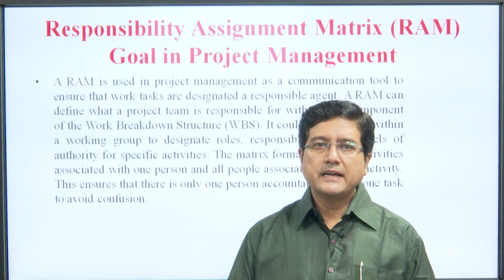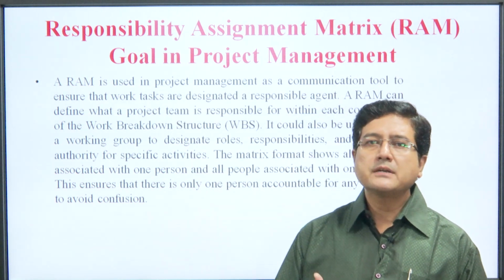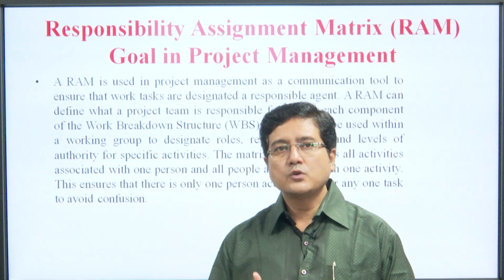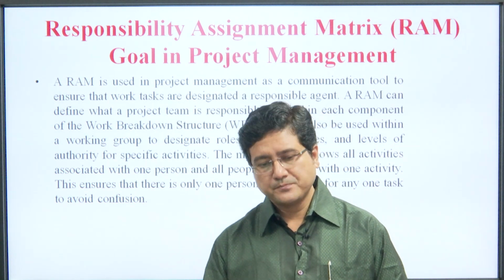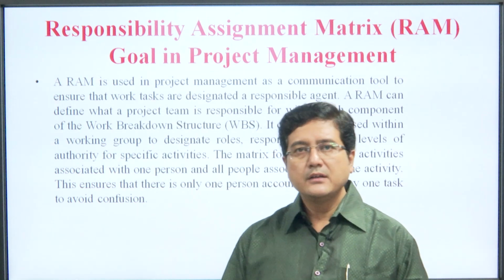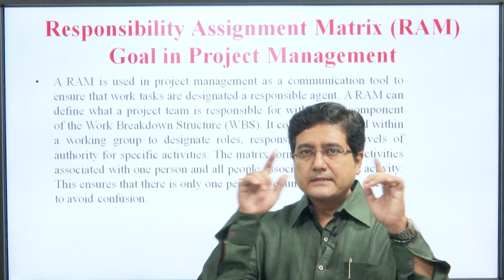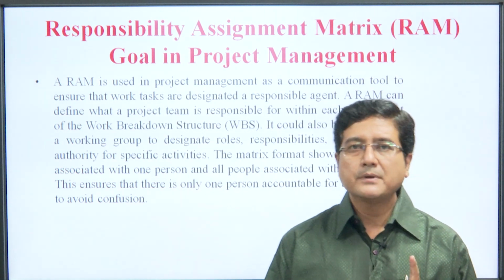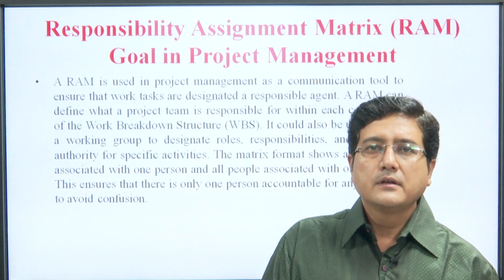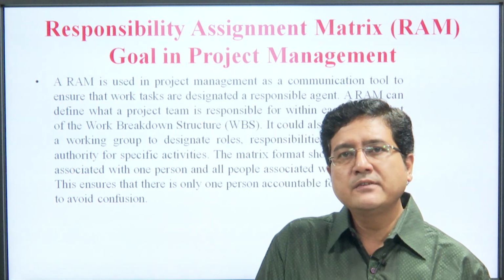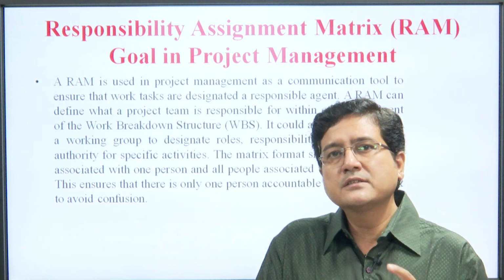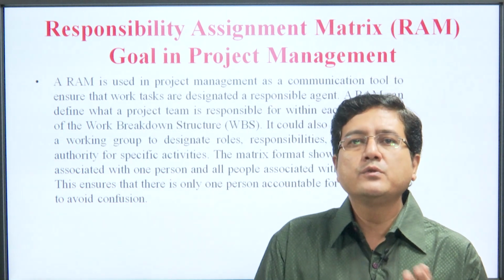This assures that there is only one person accountable for one task to avoid confusion. So, what happens? In the matrix, we assign a single job or task to one person and associate the various tasks with him which are related to him. This assures that there is no overlapping, no confusion.